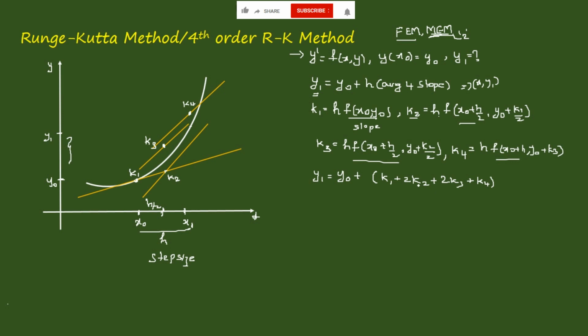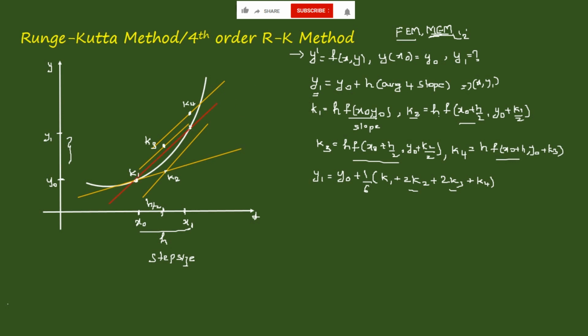So the average of it is 1 by 6, as there are 6 terms, right? 1, 2, 3, 4, 5, 6. So we'll be considering 4 slopes, but we'll be taking the average by 1 by 6, as we multiply with 2 for k2 and k3. But this is again an average slope. So we'll be drawing one more slope. This is the slope of it.